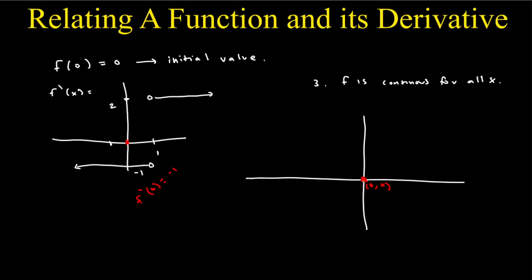So we can sort of try to sketch it out. We know that because the rate of change is constant throughout 0 to 1, it's basically a line that goes like this, right? And the duration of this is 1, so we can safely say that the function f decreases from 0, 0 to 1, negative 1.